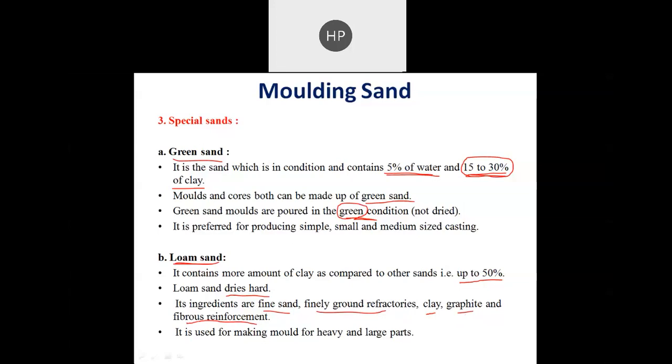It is useful for making molds for heavy and large parts. When we have a very bulky and large part we can use loam sand, while for small, simple and medium size casting we can use green sand.